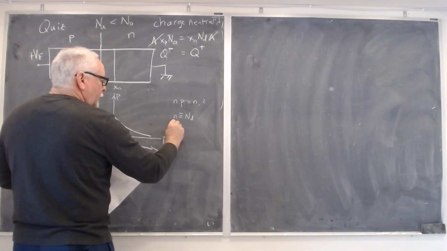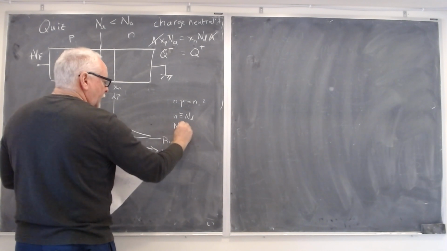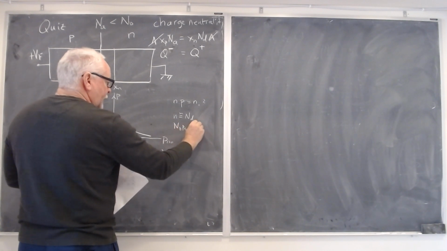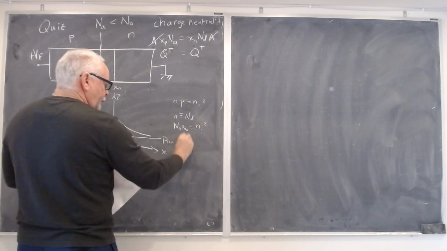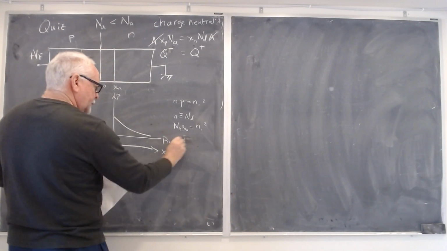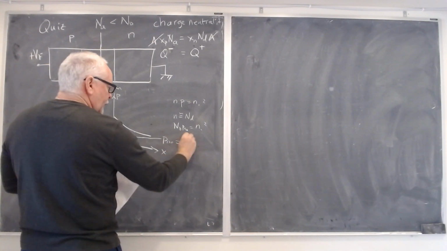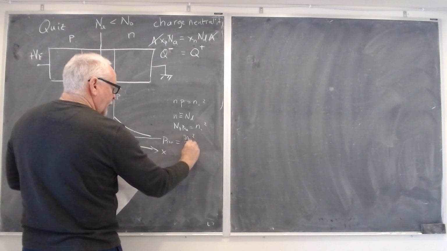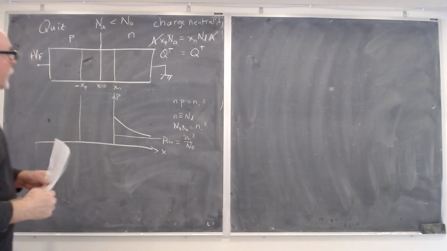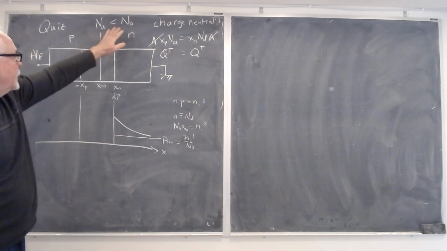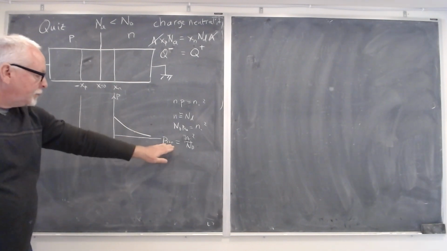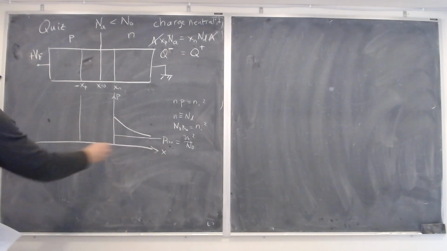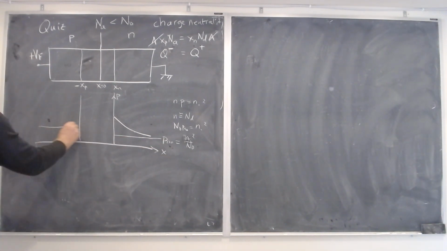And so Nd Pn0 is Ni squared. So Pn0 is equal to Ni squared over Nd. Now, we said that Nd is larger than Na, that means that Pn0 is smaller than Np0.